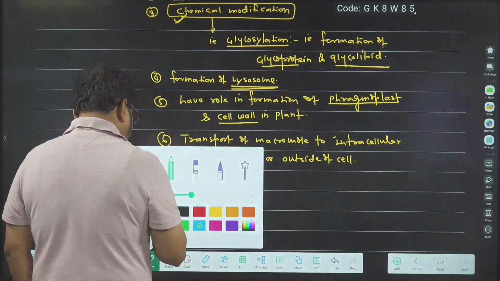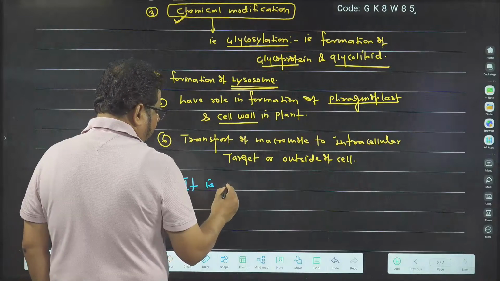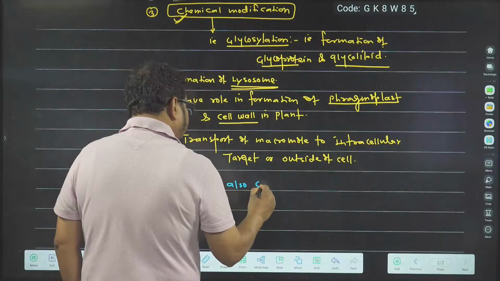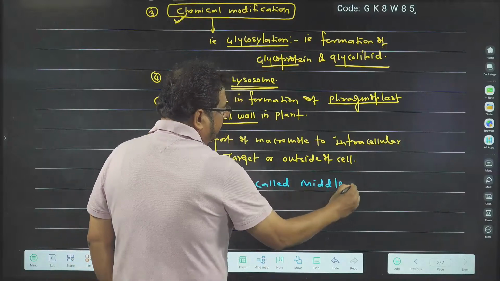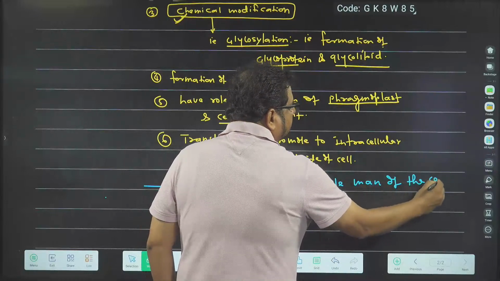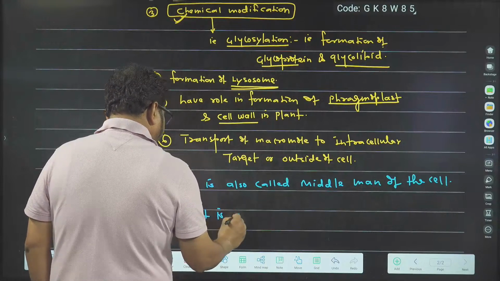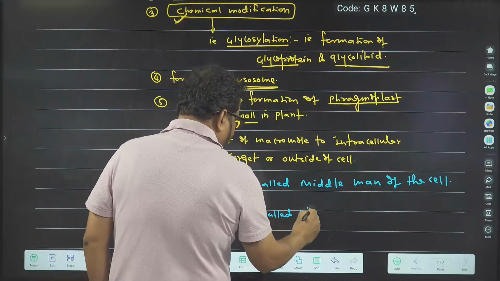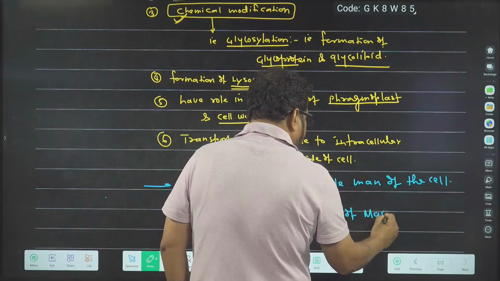So Golgi body is also called the middleman of the cell. It is also called the director of macromolecular traffic.